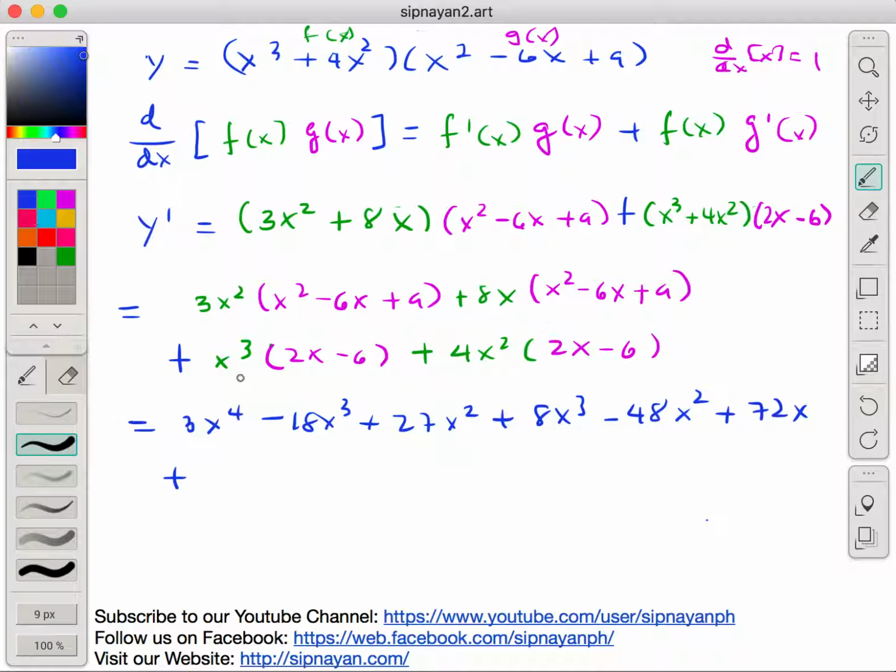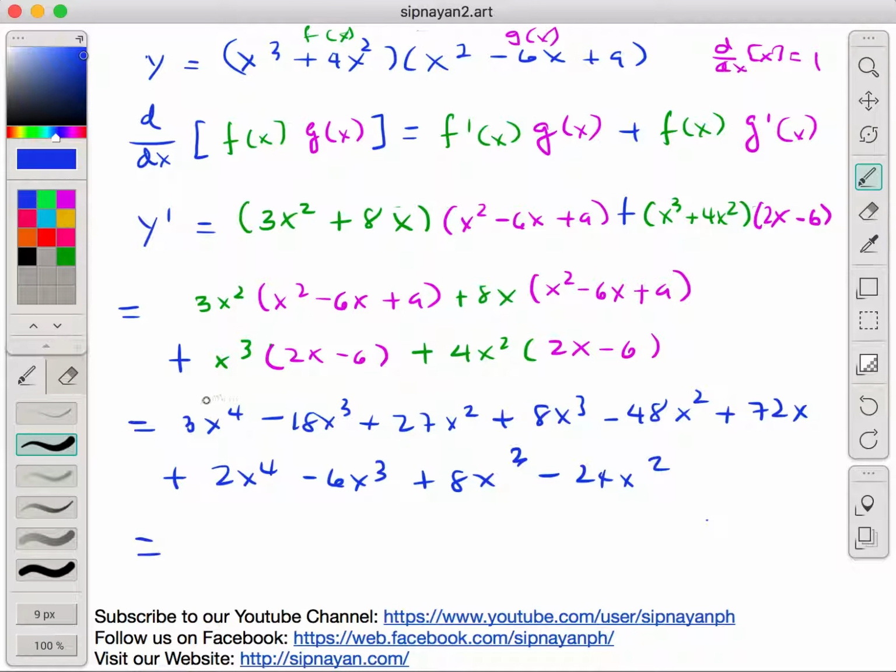Tapos yung sa baba, I have a 2x to the fourth. And then I have a minus 6x cubed. And then from here, I have a plus 4x squared times 2x. I have an 8x cubed. And then minus 24x squared. Sana hindi ko nagkamali.